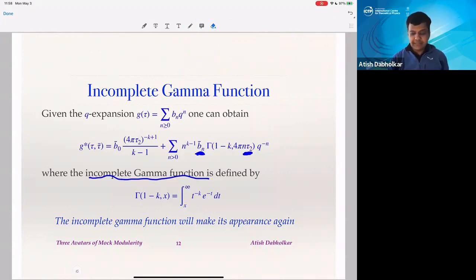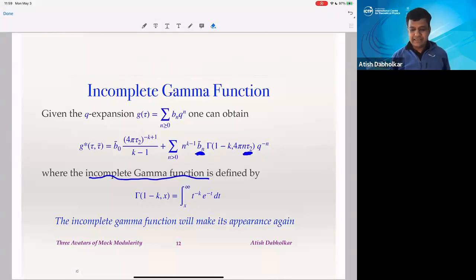Now, the incomplete gamma function will make its appearance, and in fact, it appeared in some of the work that Sunil did many years ago with Imbimbo, and it appeared in index theory, in the Atiyah-Patodi-Singer index theory. This incomplete gamma function appears when you define the eta invariants, and it also appeared in some other index theory.